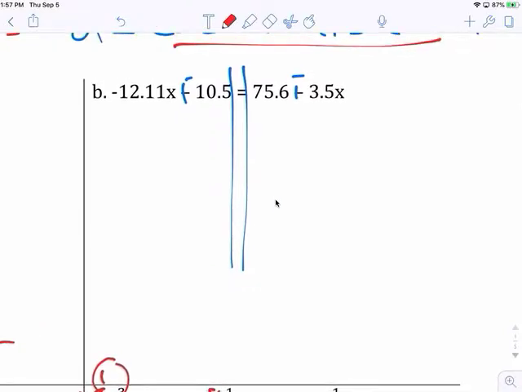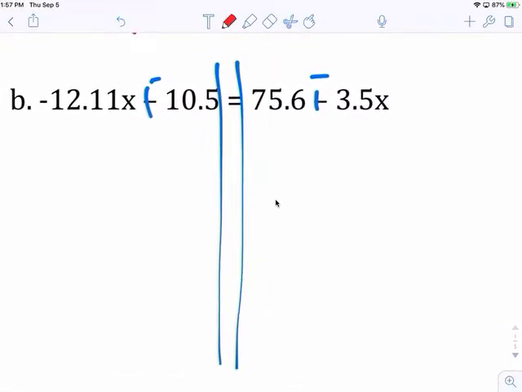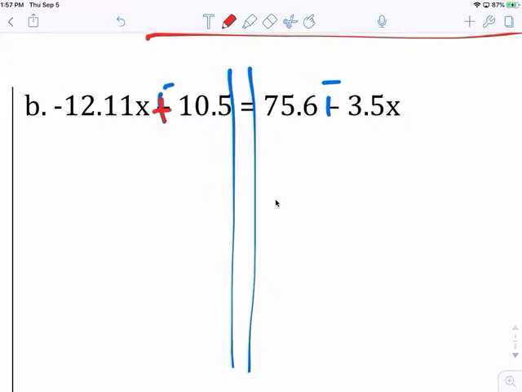This one here, because of subtraction, you do additive inverse. Let's say you want to get rid of the ones without the variable first. Doesn't matter. I'm going to get rid of the negative 10x. I'm going to add 10.5, add 10.5. That makes 0.